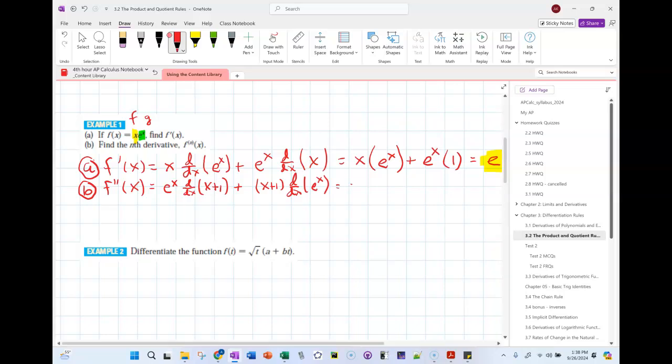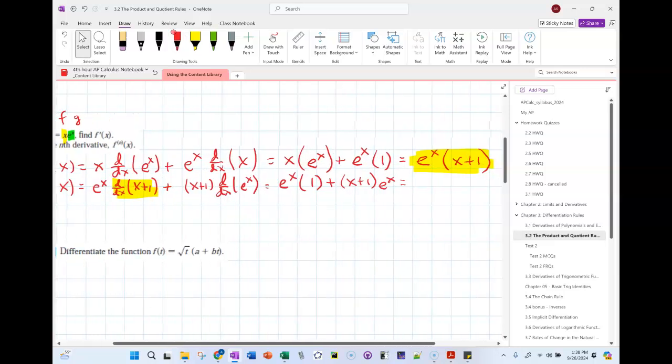What's the derivative of x plus 1? Right, we're doing this. What's the derivative of x plus 1? Lucas, that's correct. He says 1. Feel free to answer. What's the derivative of e to the x? E to the x.